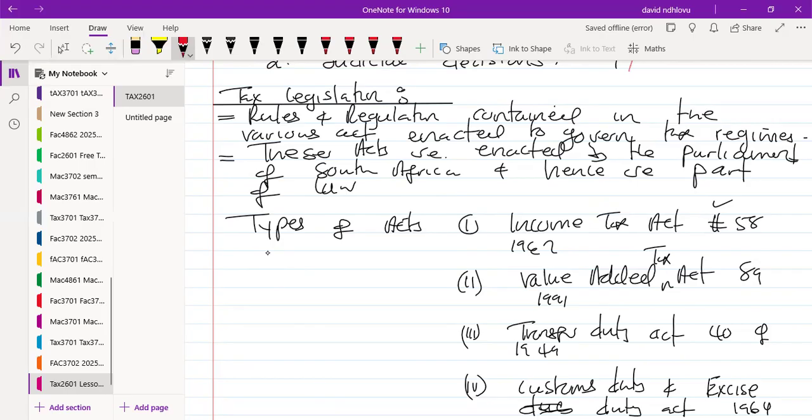SARS will be saying to the taxpayer, you are owing us because the act says this, and maybe the taxpayer is in dispute with what SARS is saying. Remember, the act must be interpreted by someone.